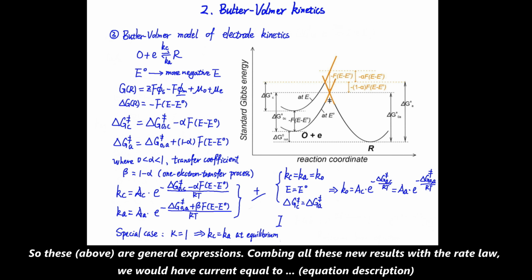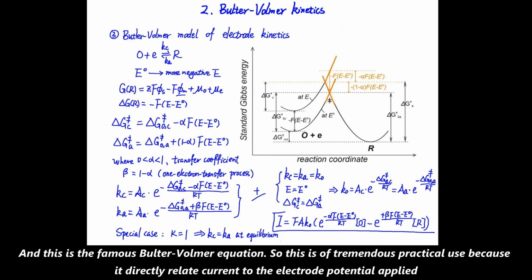In combining all these new results with the rate law, we would have current equal to F times A times k0 times brackets e to the power of minus alpha F times the potential difference divided by RT times concentration of O, minus e to the power of beta F times potential difference divided by RT times concentration of R. And this is the famous Butler-Volmer equation.